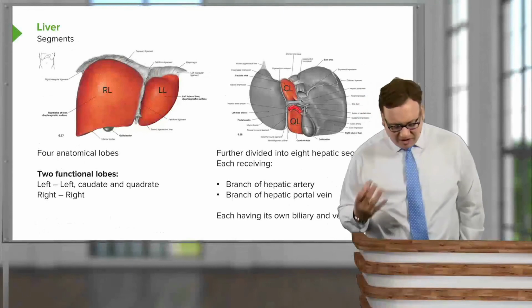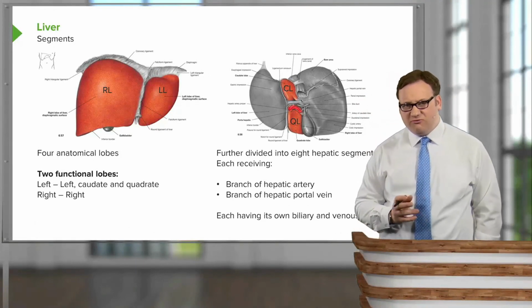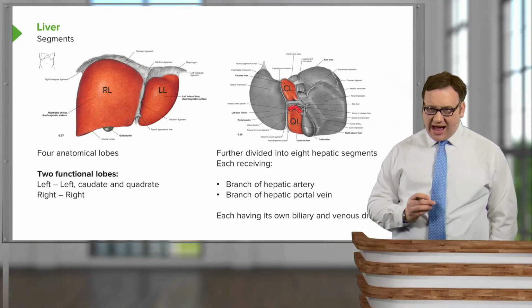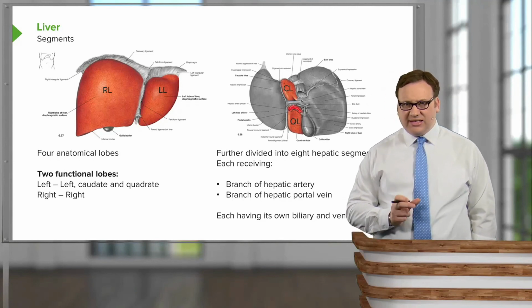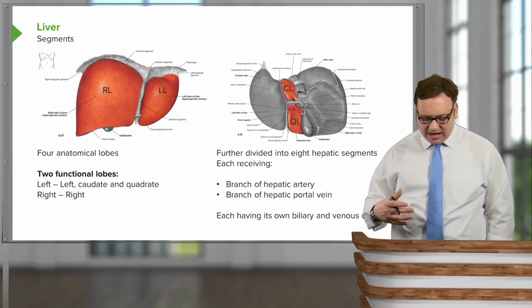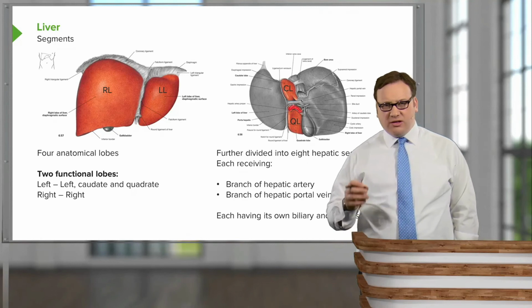Now, we can roughly say that the two functional lobes, the left functional lobe and the right functional lobe, equate to the left anatomical lobe, the caudate, and the quadrate. They together form the left functional lobe, and the right anatomical lobe can pretty much be the right functional lobe.